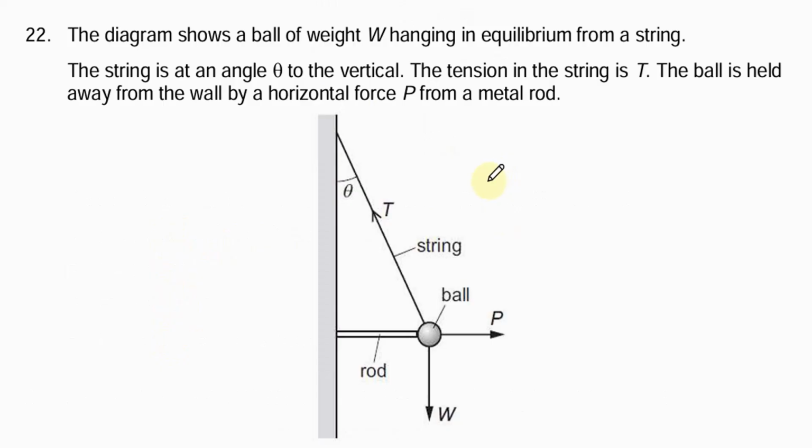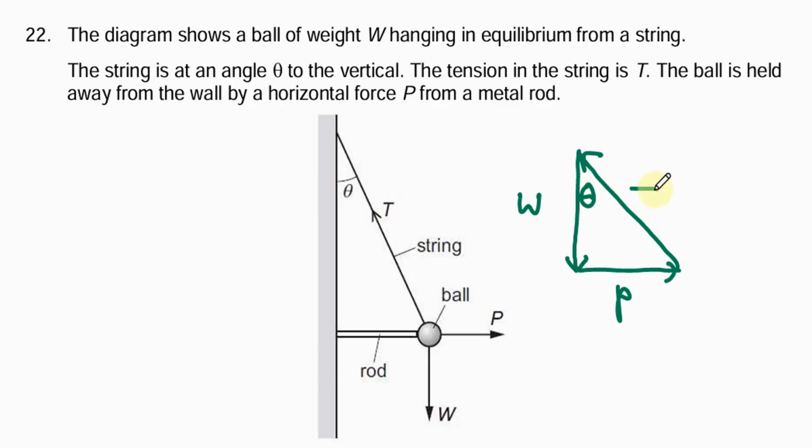We can draw a force diagram of these three forces. We know that the system is in equilibrium, so we can draw these forces head to tail in a closed vector diagram. We can start with W, then we have P and T. And this angle here, of course, is theta.